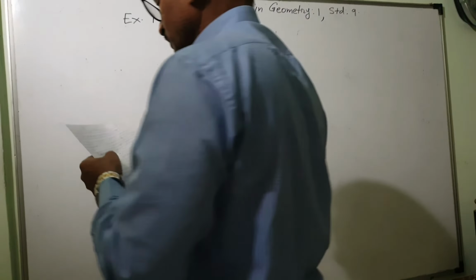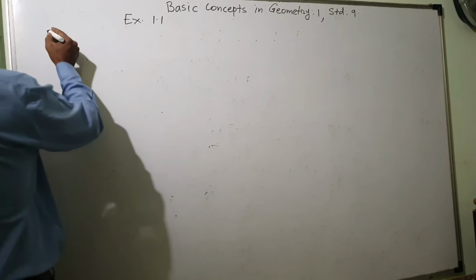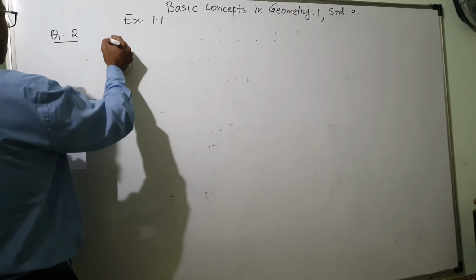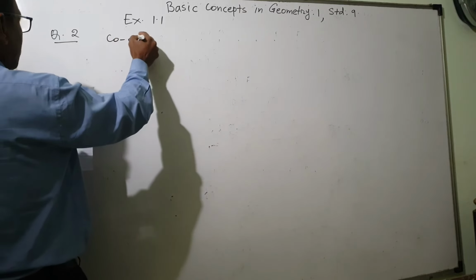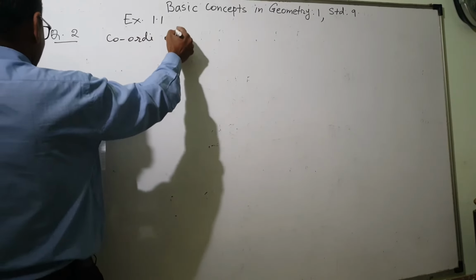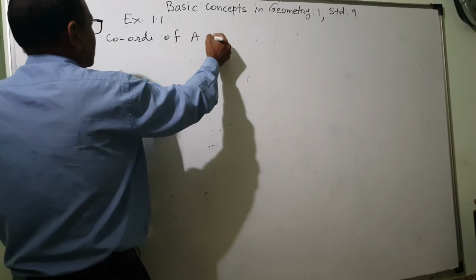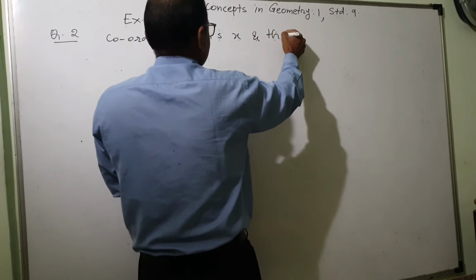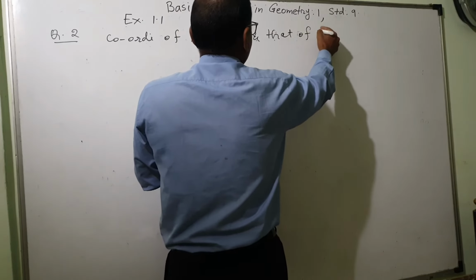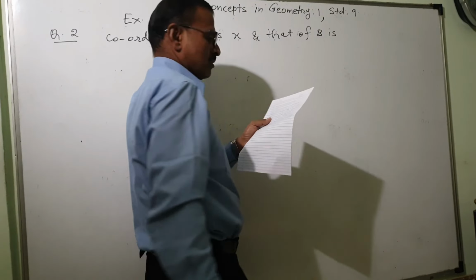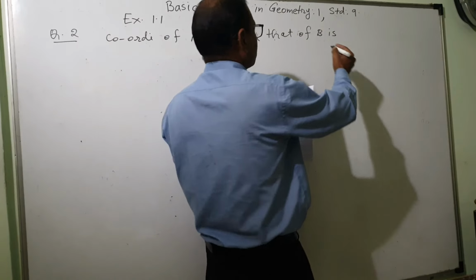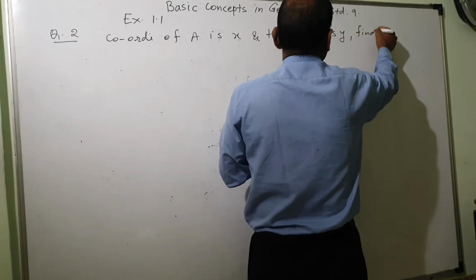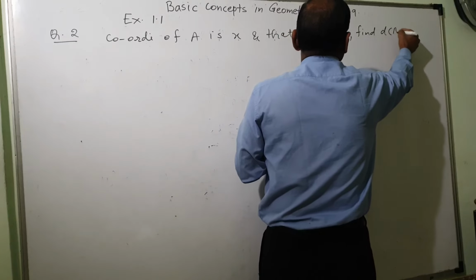Question 2. Coordinate of A is x and that of B is y. Find distance AB.